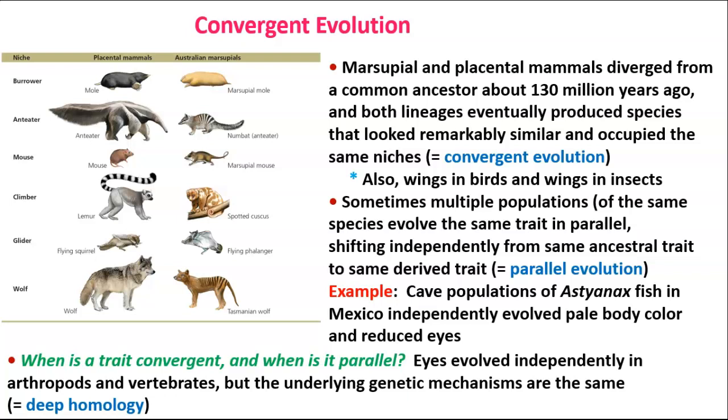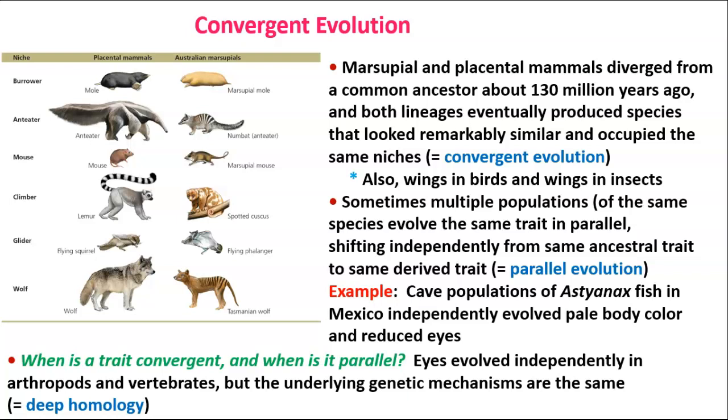So, for example, eyes evolved independently in arthropods and invertebrates. We have very different kinds of eyes. But, as we've seen in this chapter, the underlying genetic mechanisms are the same genetics. They didn't evolve different genetics for similar traits. It's the same genetics.